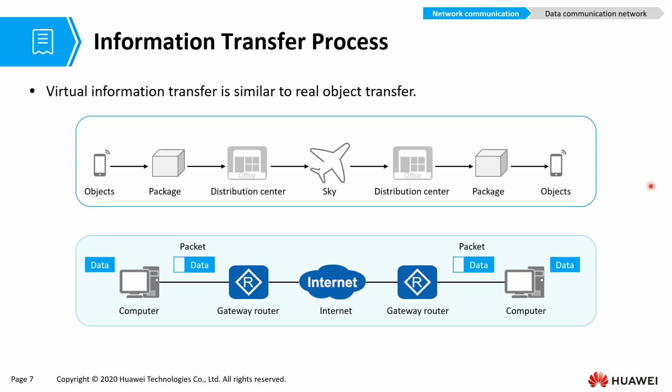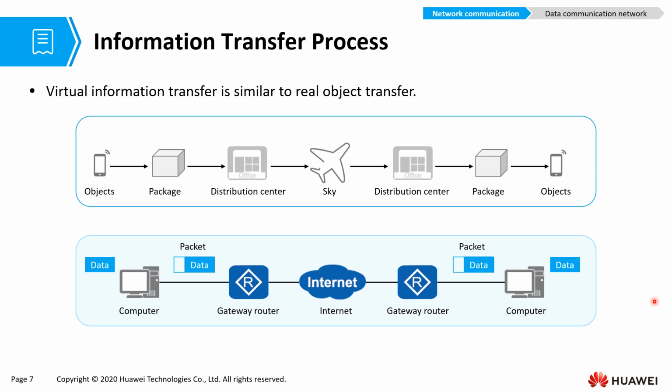The package is sent to the distribution center where packages are sorted based on the destination address, and the packages destined for the same city are placed on the same plane. The packet reaches the gateway through the network cable. After receiving the packet, the gateway decapsulates the packet, reads the destination address, and then re-encapsulates the packet.